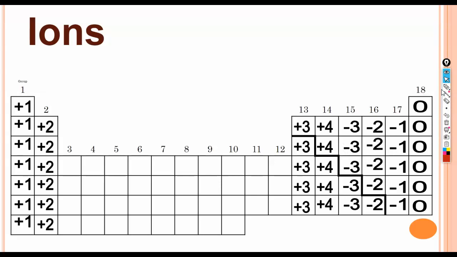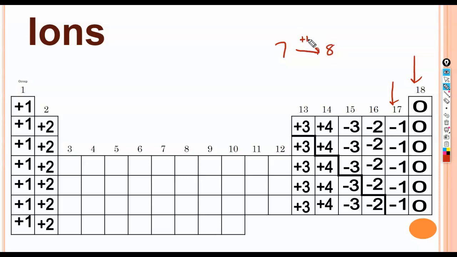Now notice that everything in group 18, those are the noble gases, they're not going to lose or gain any electrons because they're already stable. They already have a filled shell. They're happy. They're good. On the other hand, group 17 elements have 7 valence electrons, right? If you have 7 valence electrons and you want to get to 8, then you need to gain 1 electron.